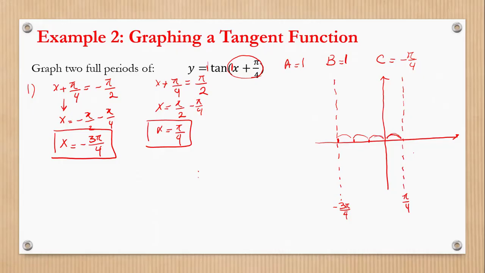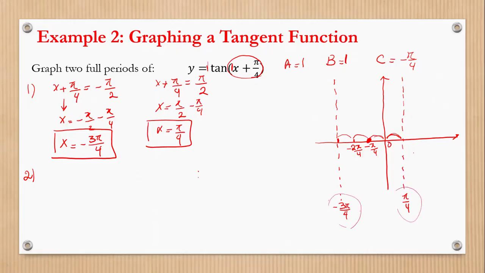And if I want to find the midway for the x-intercept, it's easy to find from the graph because I know this is negative 1 pi over 4 and this one is negative 2 pi over 4. The midway is the midpoint of negative 3 pi over 4 and pi over 4.